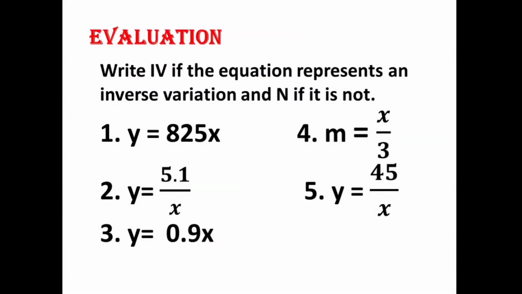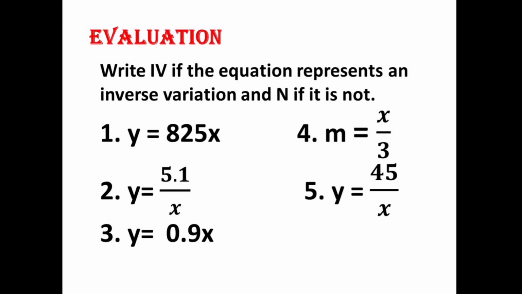Okay, class, now I have an evaluation for all of you. I will give you 1 minute to answer this. Write IV if the equation represents an inverse variation and N if it is not. Number 1, y equals 825x. Number 2, y equals 5.1 over x.